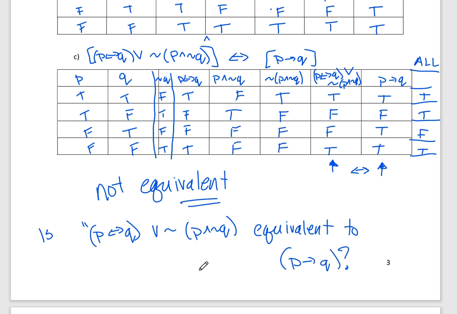So I could have phrased it like that. Actually, let's put that up there so it looks neater. Looks messy. Let's fix it. To P implies Q. So I could have phrased this as your test question. Is this compound statement equivalent to this compound statement?